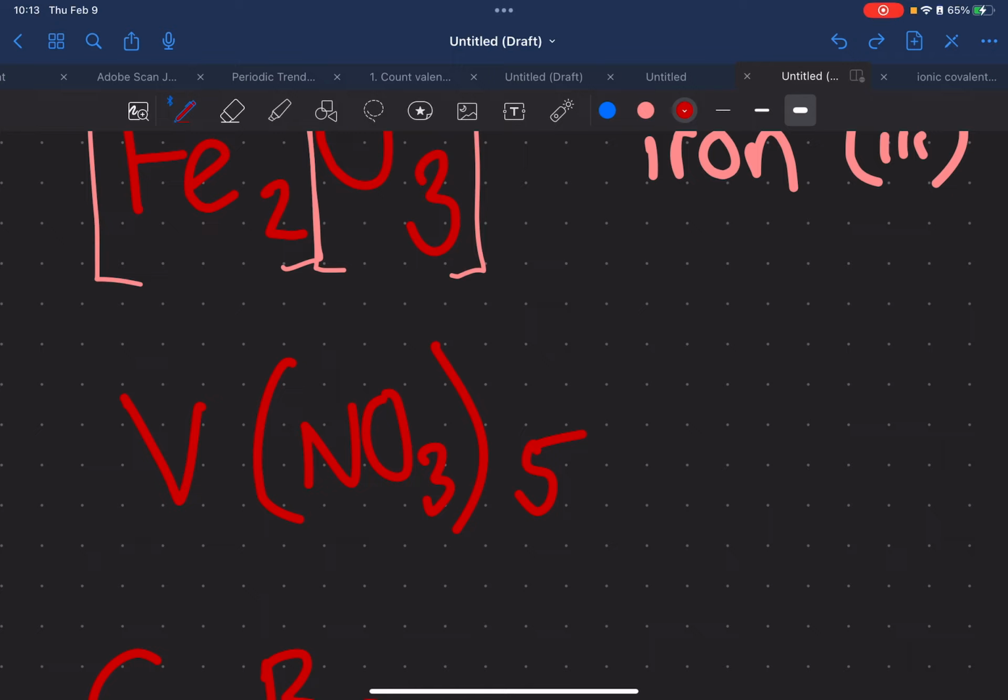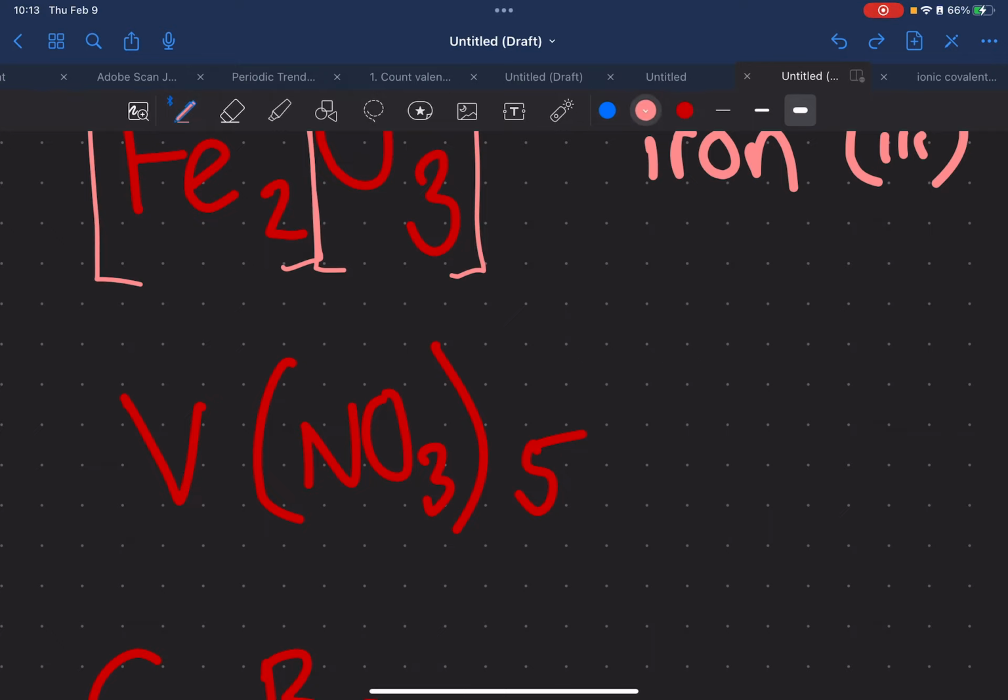But if I didn't know that, even if this was a brand new polyatomic ion that I've never seen before, I know that NO3 definitely contains more than one atom. And I know this is an ionic compound because I'm being told it's an ionic compound. So that's how I would reason I should probably check my polyatomic ion list.